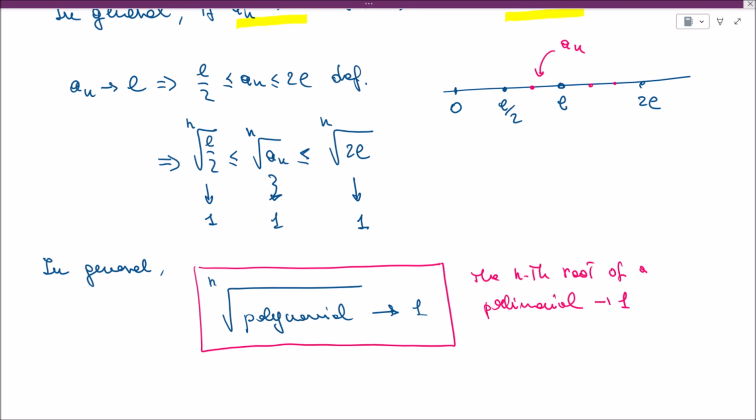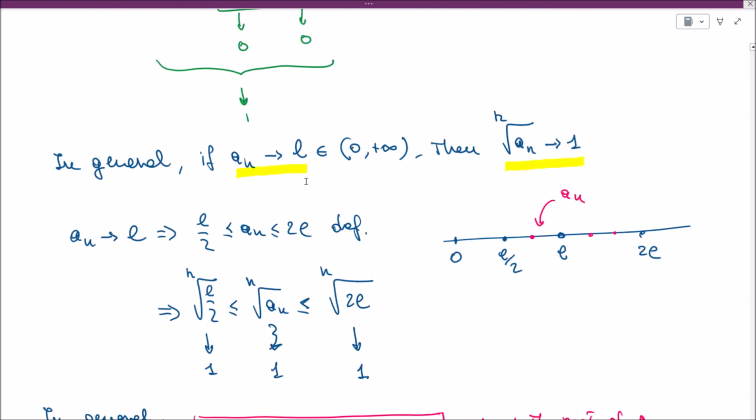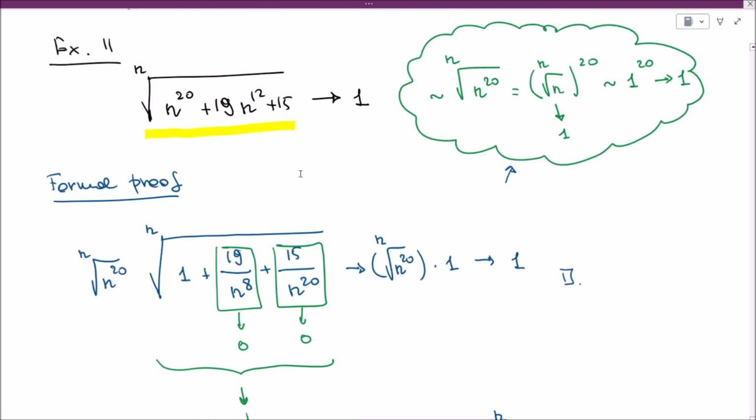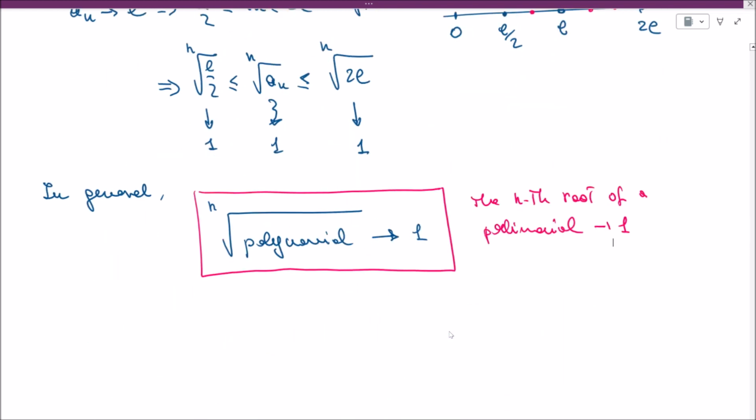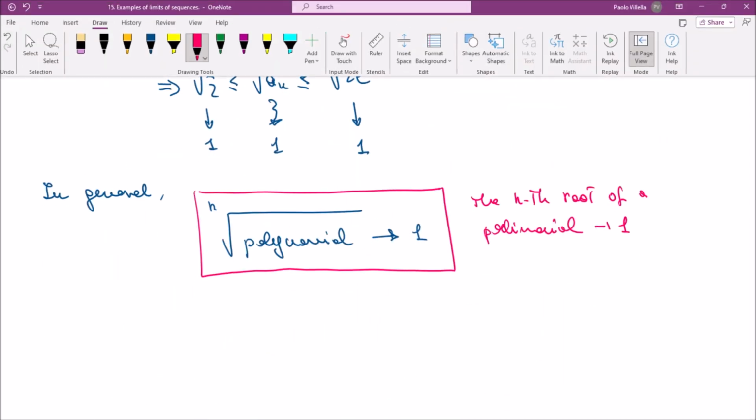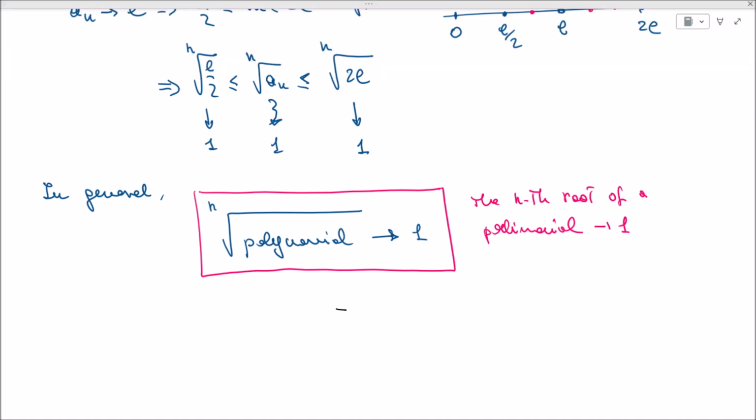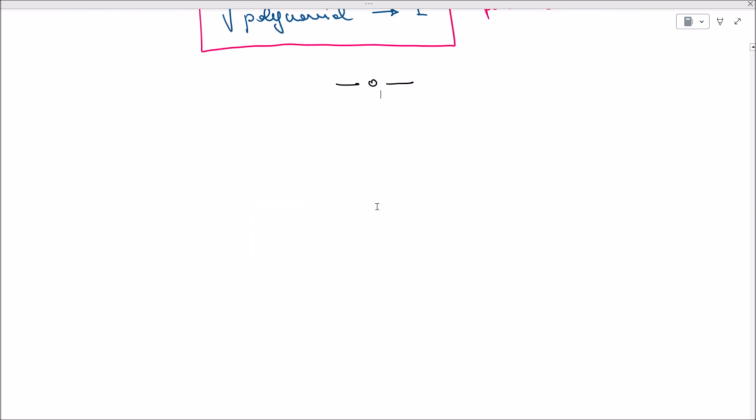Well, again, by just following the same method. So we will isolate the leading term in the polynomial. We will factor out from the root, and exactly in the same way we can prove that the entire limit will tend to 1. Okay, we have just another 2 examples of sequences which is worth mentioning.